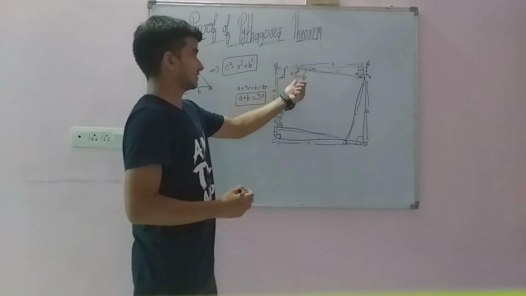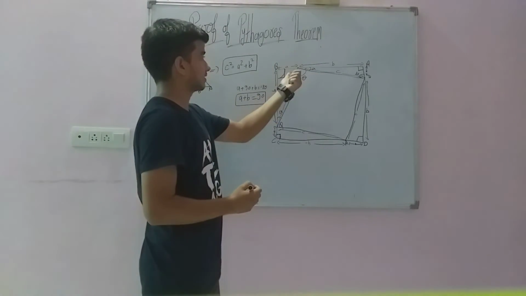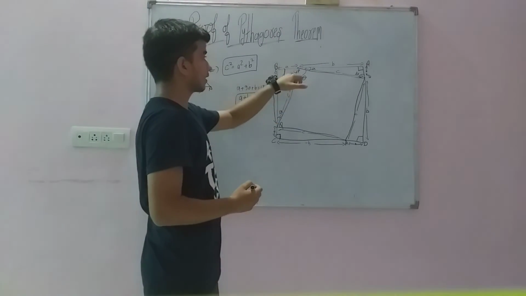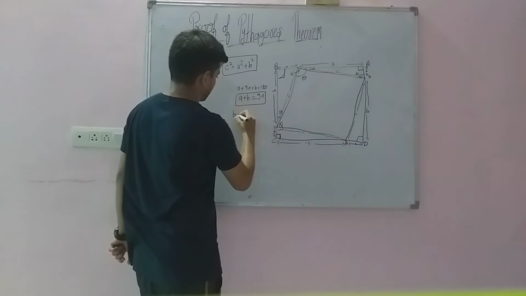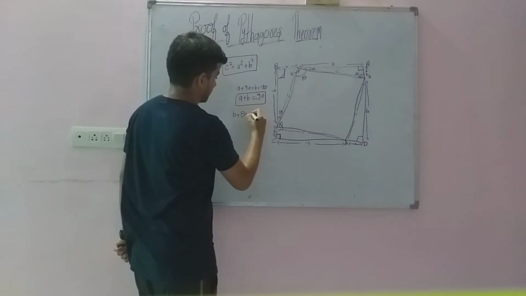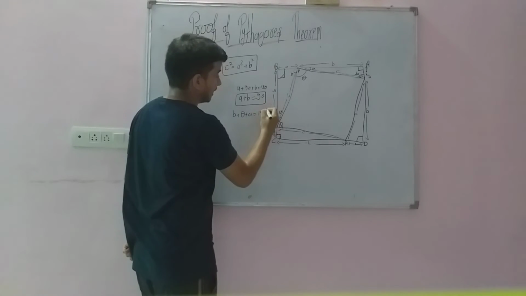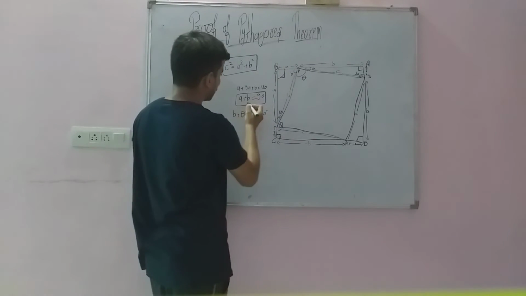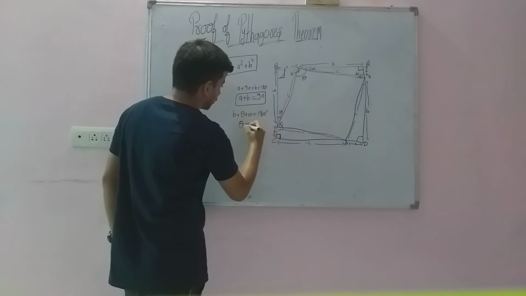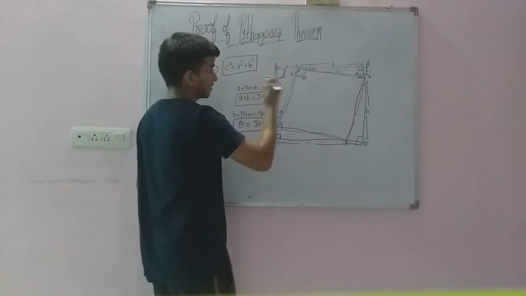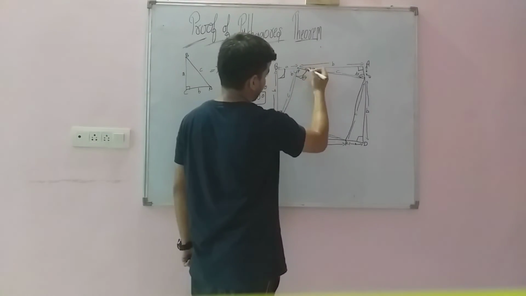Now we are talking about these angles, which are B, theta and A. On adding these angles, B plus theta plus A is equal to 180 degree by the linear property. So on using A plus B equal to 90 degree here, we get theta equal to 90 degree. That is, this angle is at 90 degree.